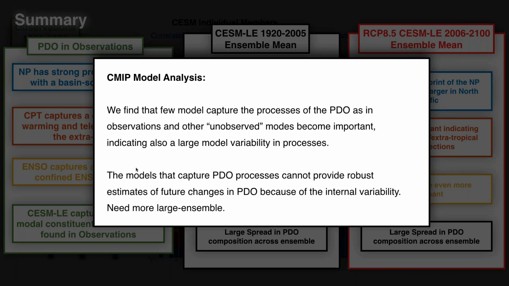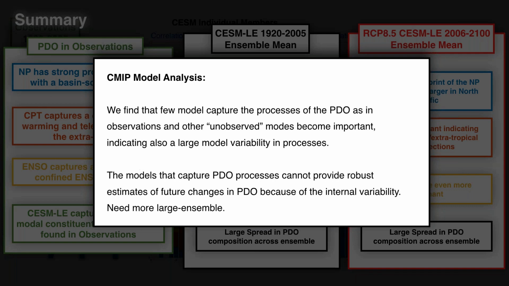And the models that capture the PDO processes in CMIP cannot provide a robust estimate of the future change in PDO because of the internal variability. We need more large ensembles. So this is all my points.